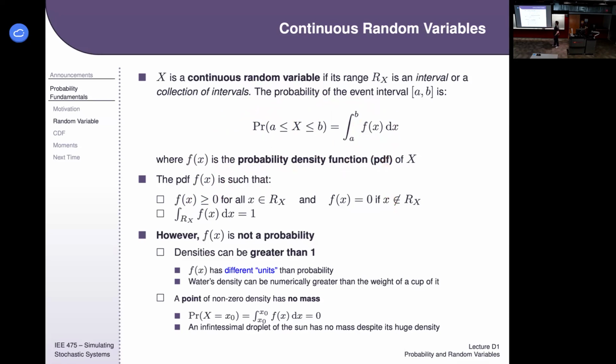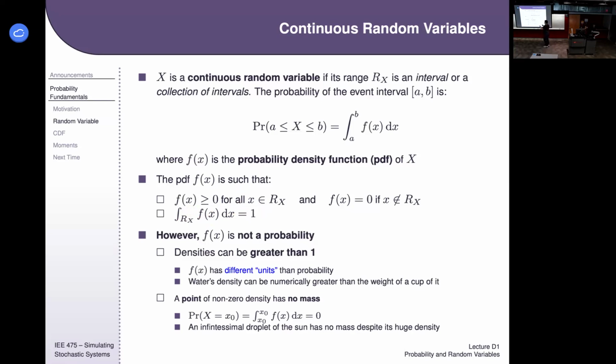And if an outcome is not in the range of the random variable, it must be zero, just like probability mass functions implied as well. The integral of the density over the range must be equal to one. That's the only equals-one constraint we have. The integral, the sum under the curve, has to be equal to one.